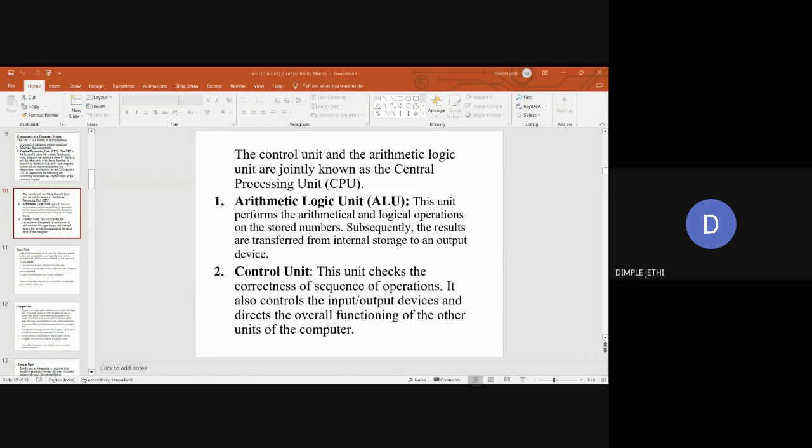Logical operation gives only true or false, right? So AND operation will give true only when all the conditions are true.